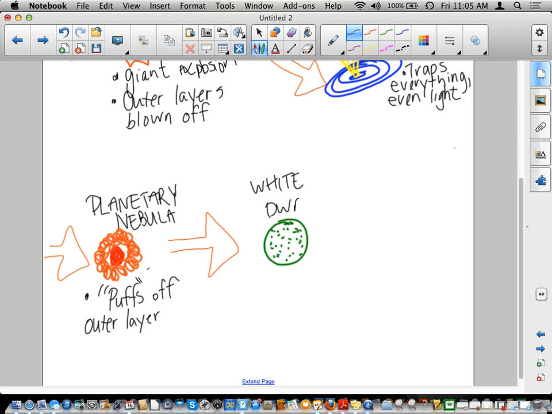White dwarf. A white dwarf is a small, hot star. That's why I put it in green. There was a purpose. It's the shrunken remains of a star. The nuclear energy has been used up, or is being used up.